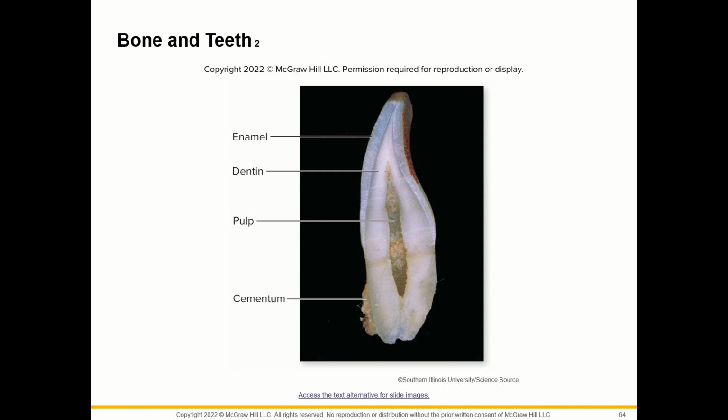And so the pulp here is in the center, and the root of the tooth is anchored by cementum, which is a calcified connective tissue that helps anchor the tooth in its bony socket. And then we have the dentin that is going to be surrounded by the hardened enamel. So as you lose the enamel, if you have soft teeth, that is what causes the soft teeth, and then it can break.